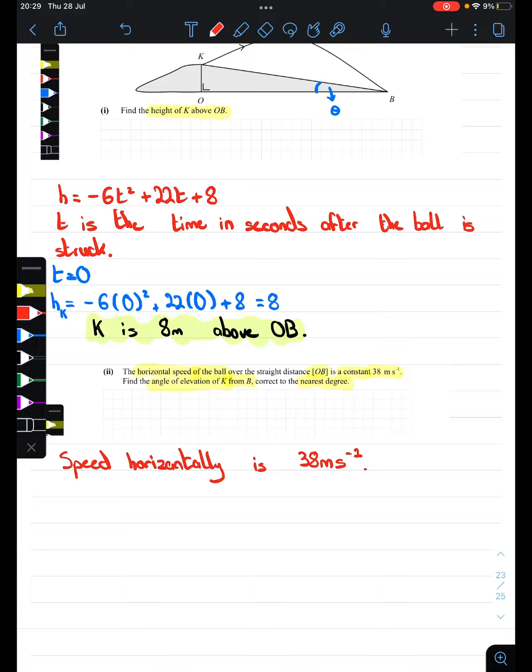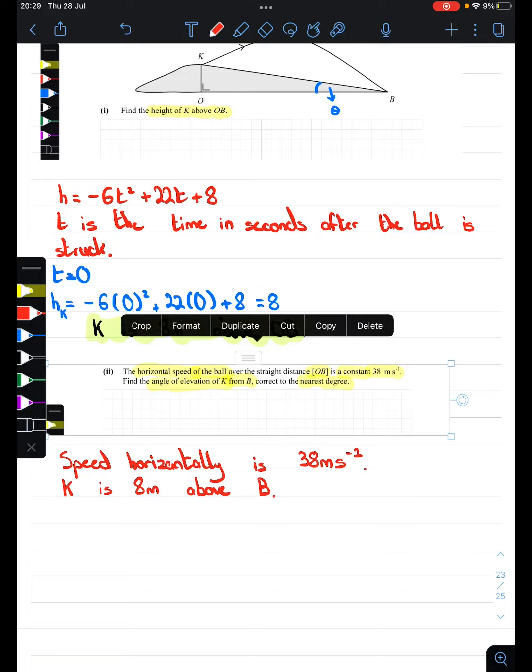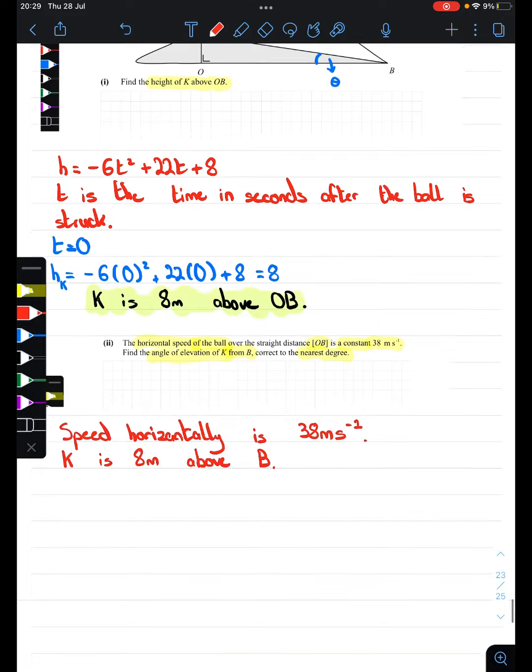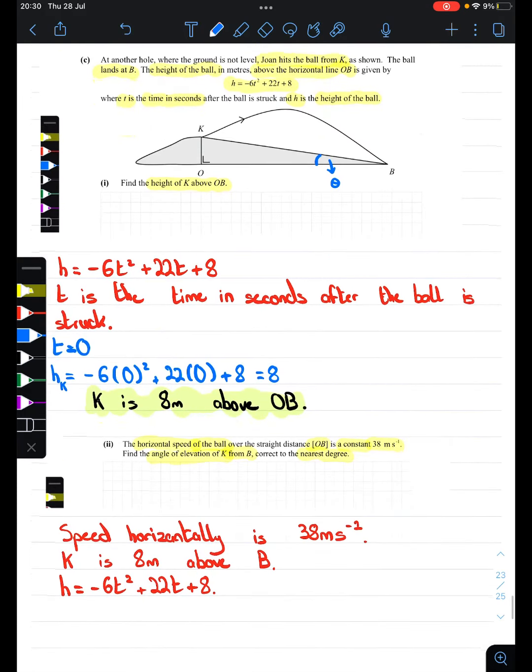We also know that K is 8 meters above B. And we know that the height is modeled by this formula, minus 6t squared plus 22t plus 8.